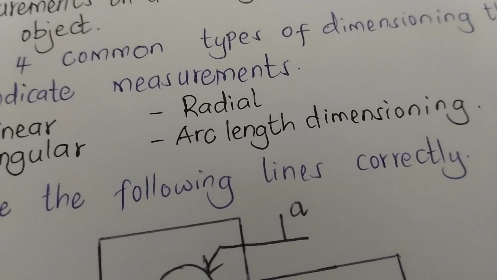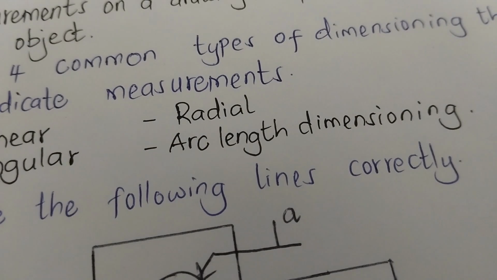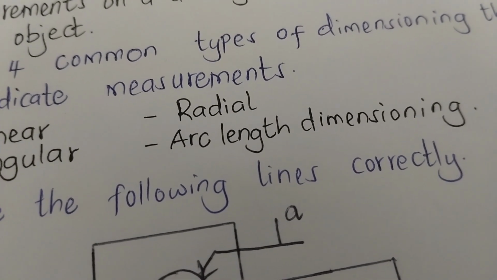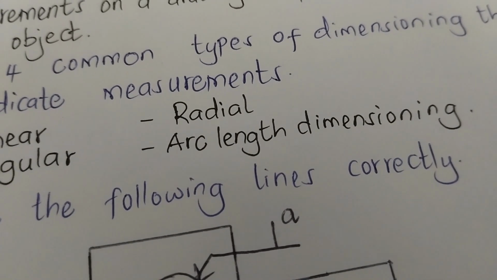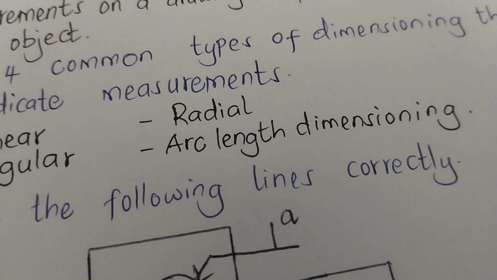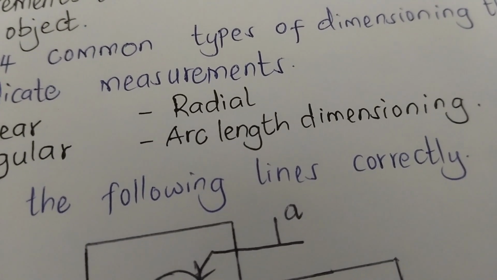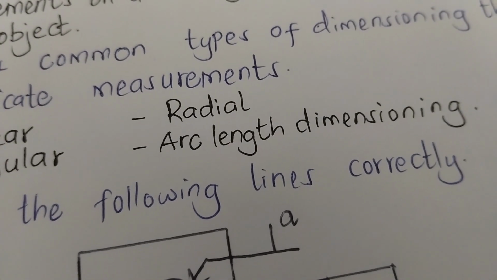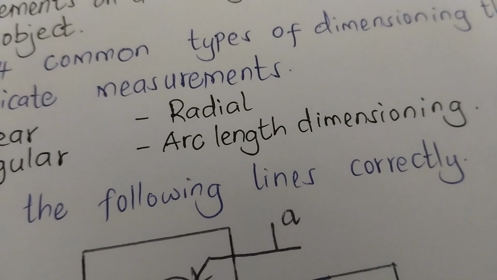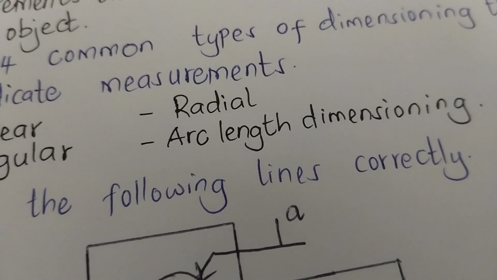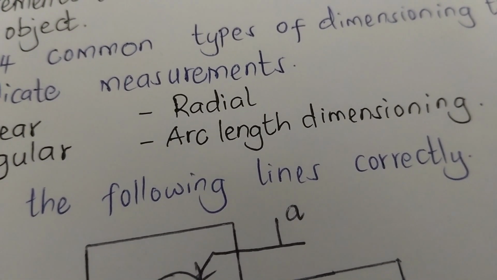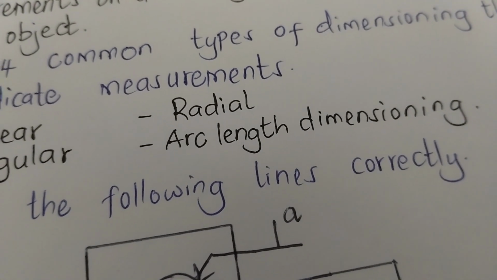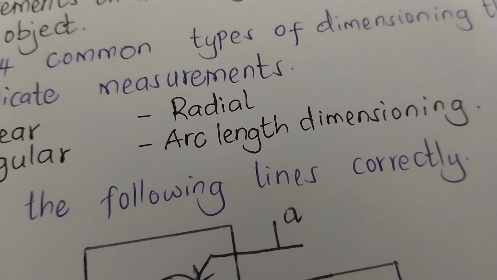This type of dimensioning specifies the radius of a curved object, like for example arcs, circles, and rounded corners. Then we have the last type of dimensioning, which is arc length or arc dimensioning, which specifies the length of an arc. It indicates the exact length along the curved path of an arc between 2 points.